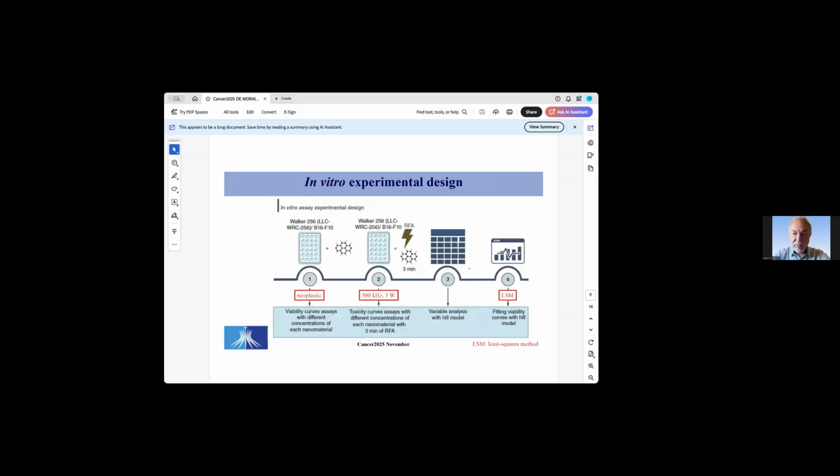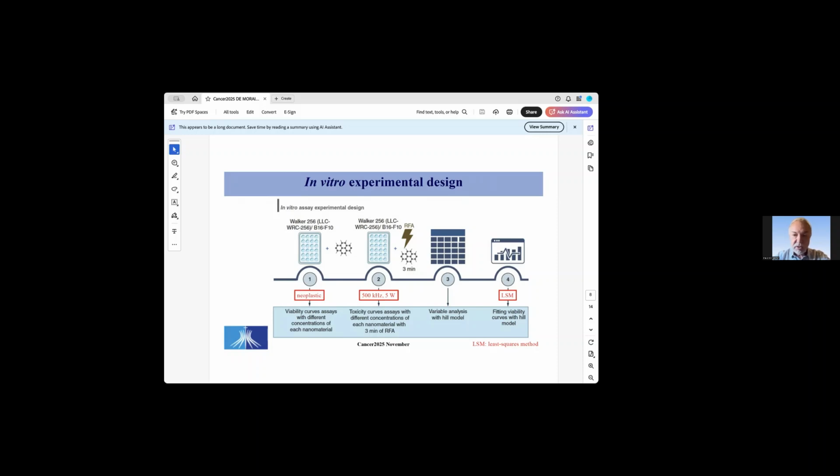So let me show you the experimental design we implemented here. We use two different neoplastic cell lines: the Walker 256, also called LLC WRC 256, and the second cell line, the B16F10.